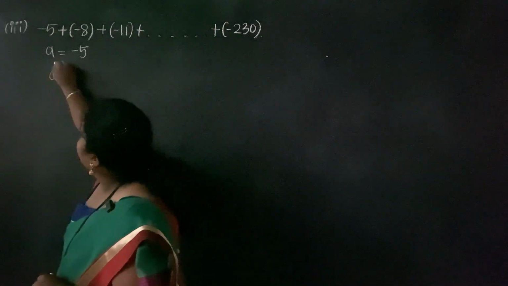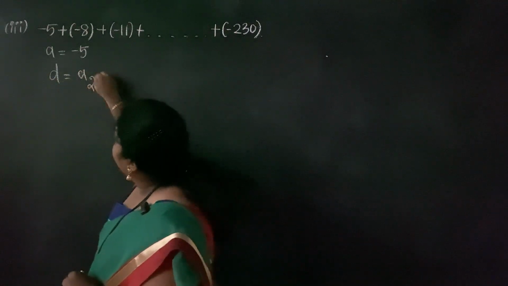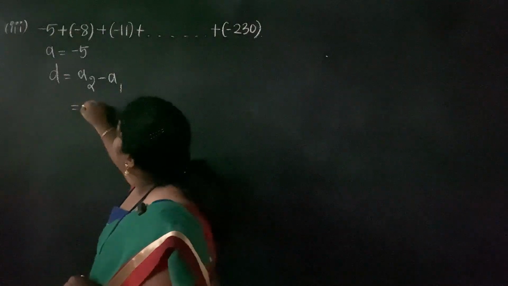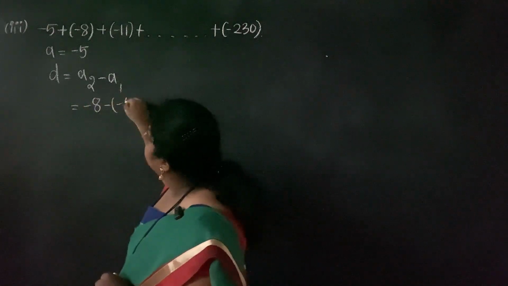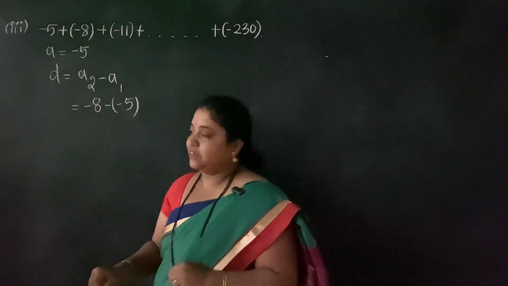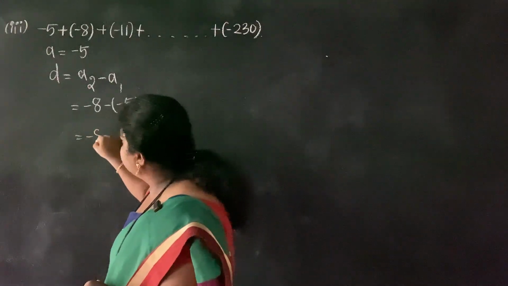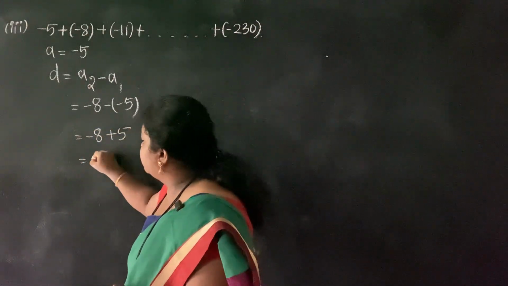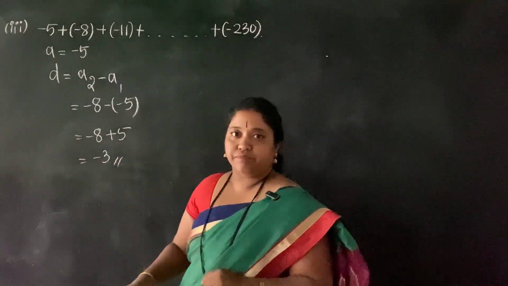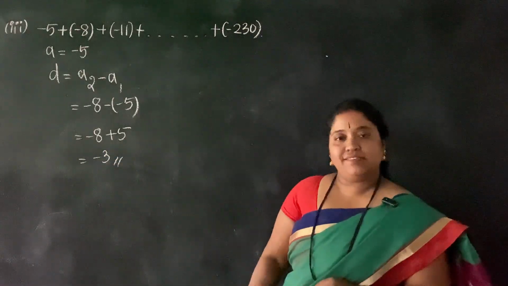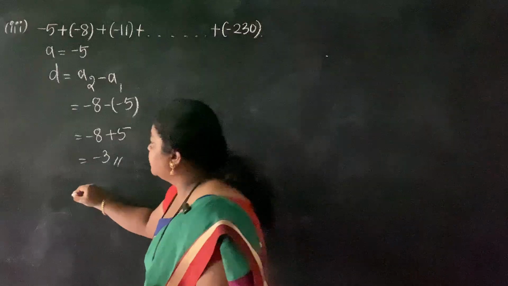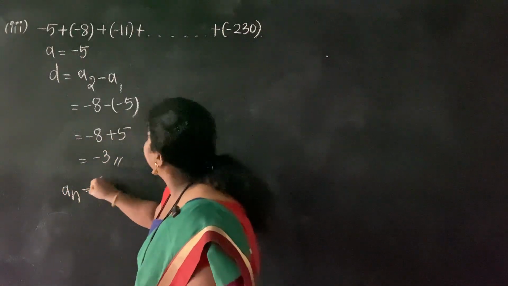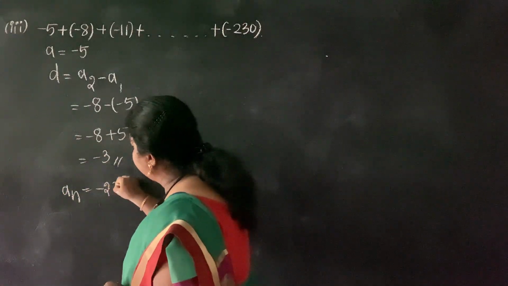And you know how to calculate the D value, that is A2 minus A1: minus 8 minus of minus 5, isn't it? Now I'll be having minus 8, minus into minus will become plus 5, minus 8 plus 5 will be minus 3. Okay, D is minus 3 I got, and the last term, we know what is the last term, dears? Minus 230.